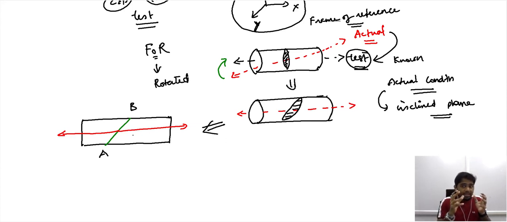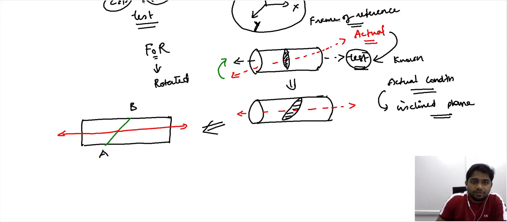So when you are able to describe the stress experienced by an inclined plane, then ultimately you will be able to describe the mechanical condition imposed by an actual loading condition. When you have a system that imposes an inclined load on your sample, you will be able to describe this mechanical condition when you focus on the suitable inclined plane. So that is what we have been doing thus far.